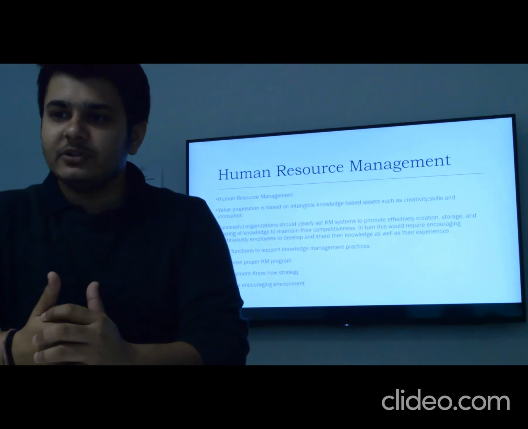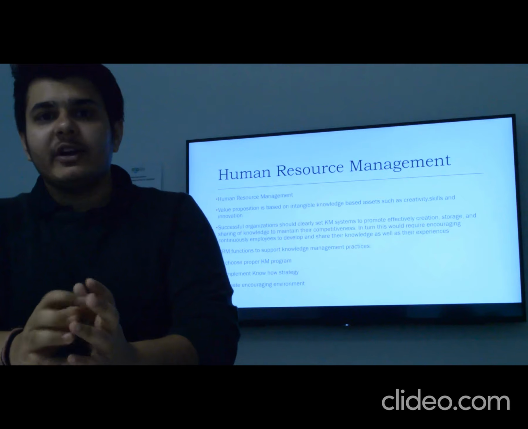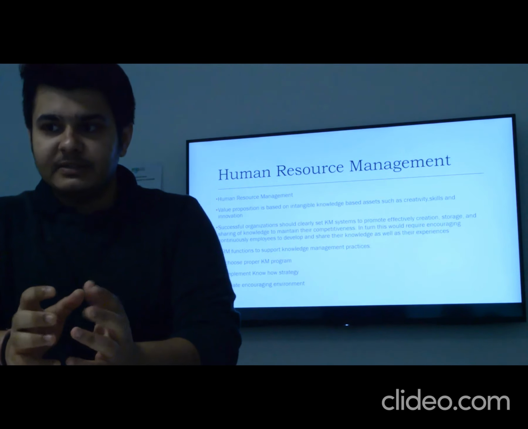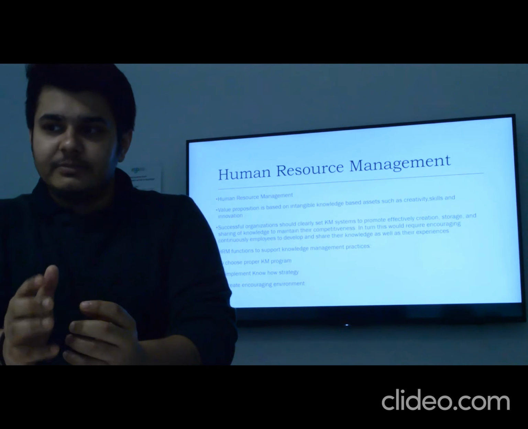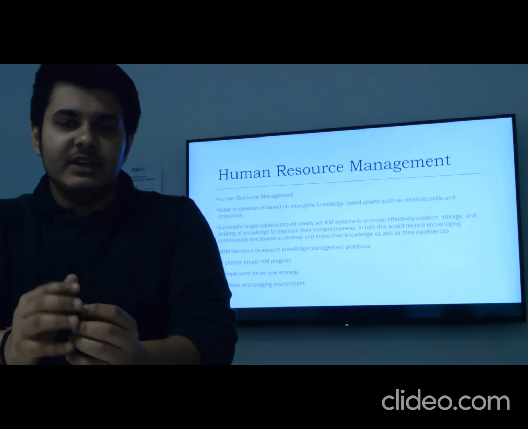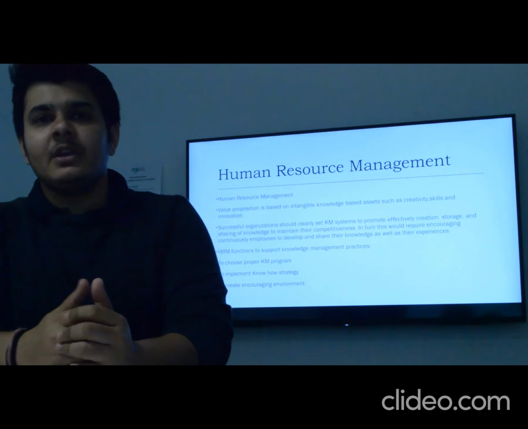The third driver is human resource management. The value proposition of the business is based on intangible, knowledge-based assets such as creativity, skills, and innovation.